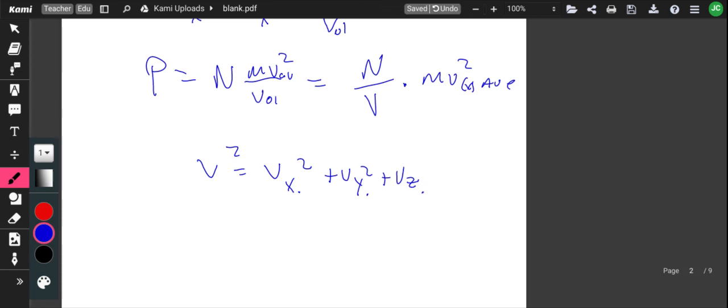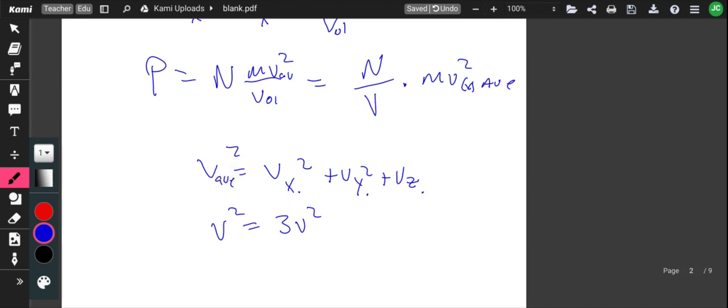So this would be like adding up v squared plus v squared plus v squared, 1 plus 2 plus 3. So the net average is 3 v squared.